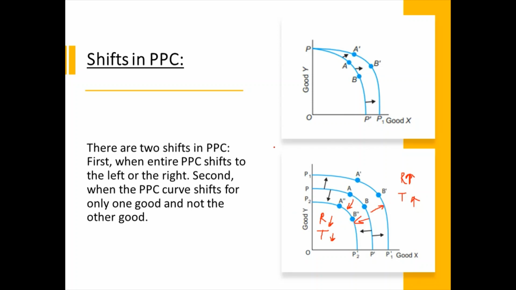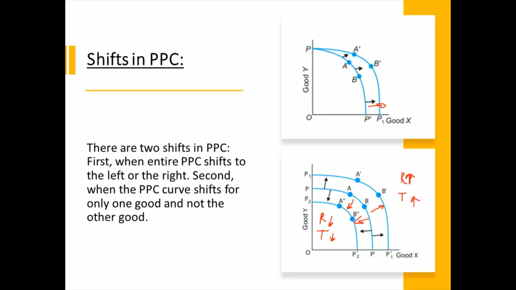There is one more type of shift, where not the entire curve shifts. The production possibility curve shifts for just one good and does not shift for the other one. So the reasons remain the same. Maybe the resources have increased, maybe the technology has updated, but it happens only for one good and not for the other. Suppose we take good X to be guns and good Y to be butter.